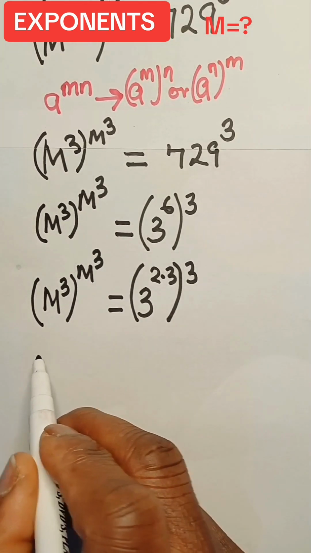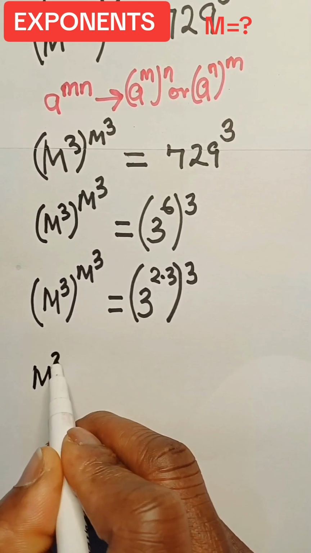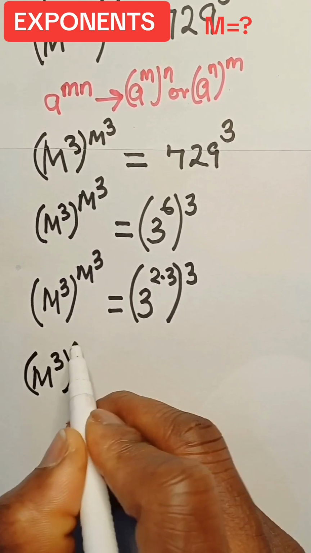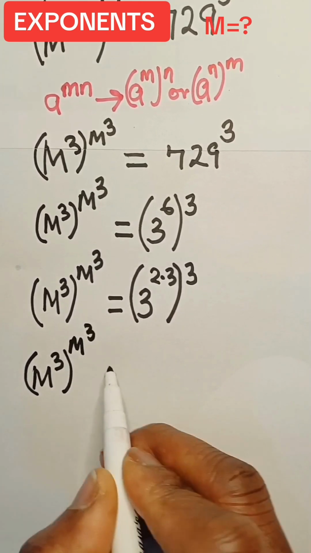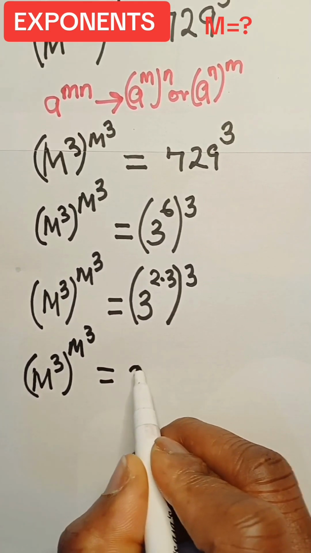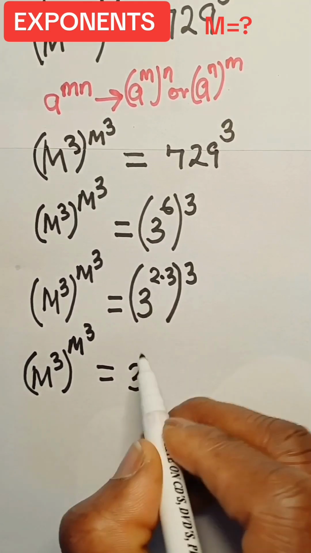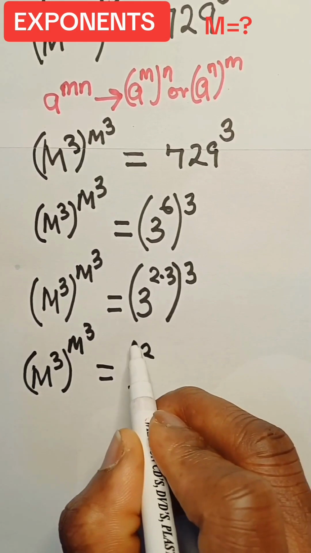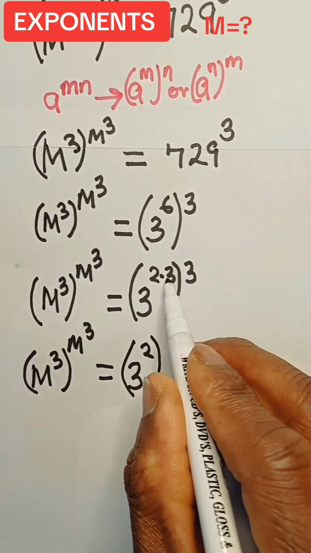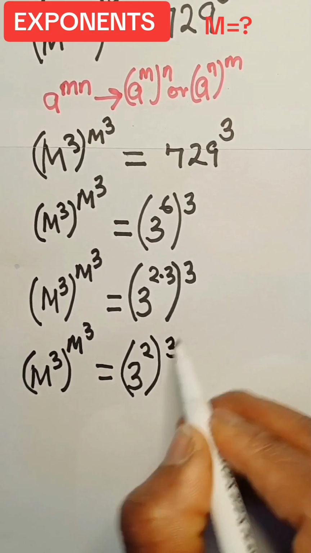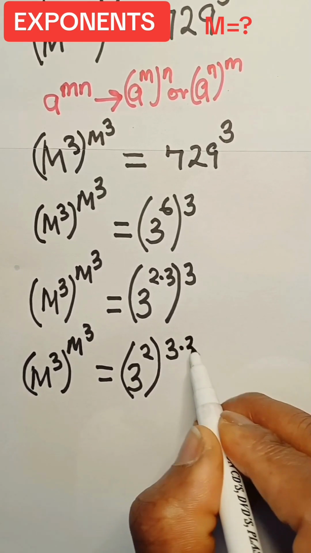So I will retain what I have on the left hand side. It's equal to 3 raised to the power of 2, and this 3 will come out of the parentheses to multiply the 3 that is already in the exponent.